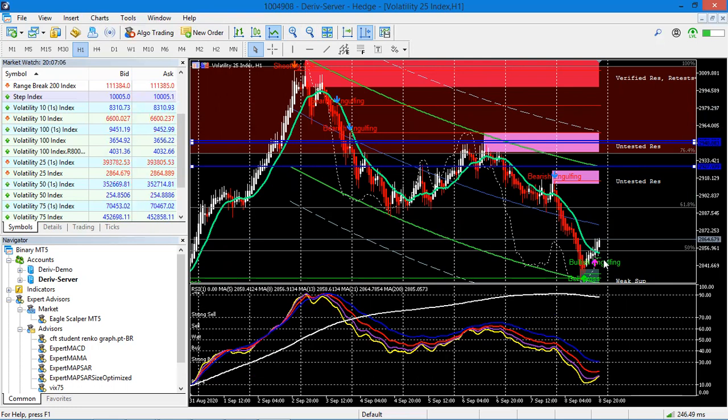So how can you be sure that it's going to move up? It's when it comes back to retest this area. If it comes back to retest and fails to break this area, then shifts the zone and crosses this 13 period moving average, you know that here I'm buying, right?